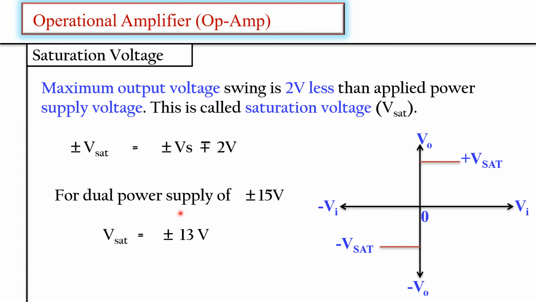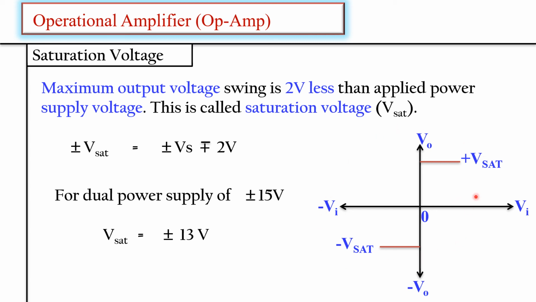For a dual power supply of plus minus 15 volt, how do we calculate the Vsat? Vsat is equal to the supply voltage, plus minus 15 volt, minus plus 2 volt. So Vsat is equal to plus minus 13 volt.